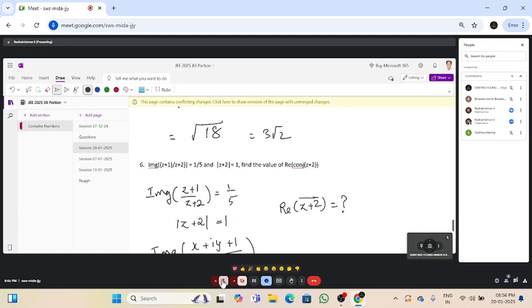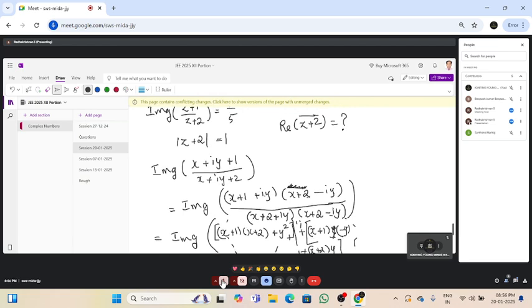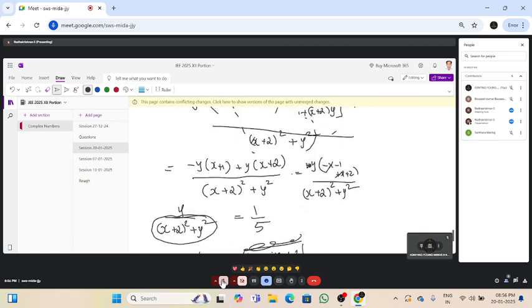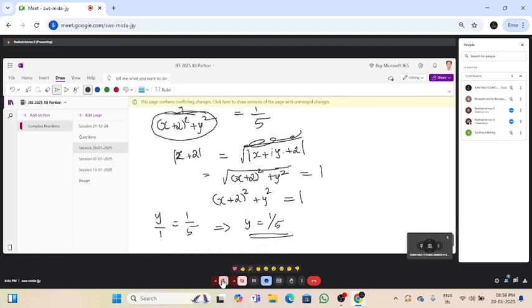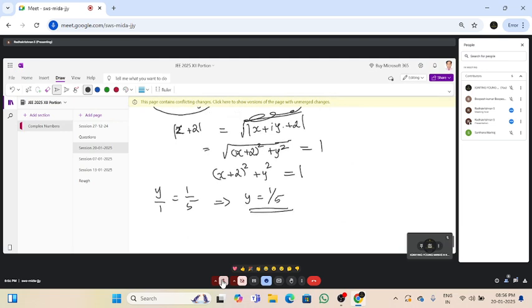Now try to get x. So here itself you can substitute (x plus 2) whole square plus y square equal to 1. So you substitute for y, so you will get x. Right? So substitute, and can you tell me what you are getting for x?